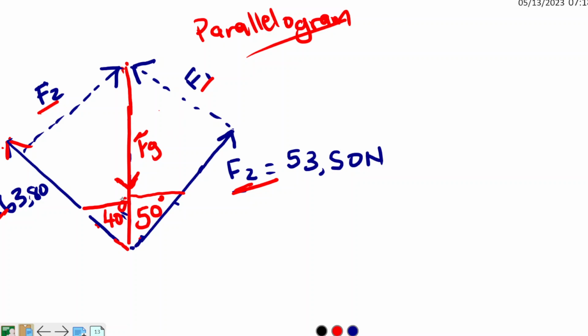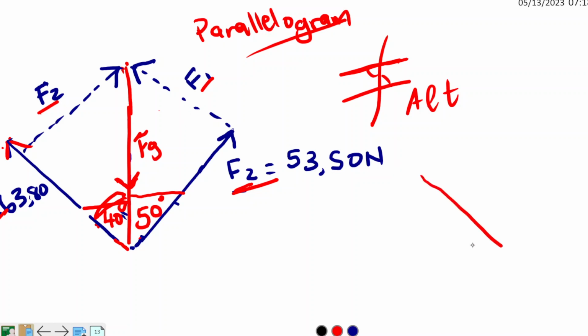So if this angle is 40 degrees, and you can see from your trigonometry, if you have two parallel lines and you have a transverse line cutting those two lines, we say this angle and that angle are alternate angles, and alternate angles are equal. So look at F1. F1 is like this.